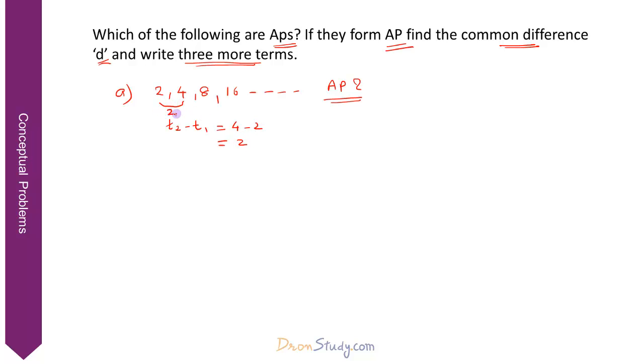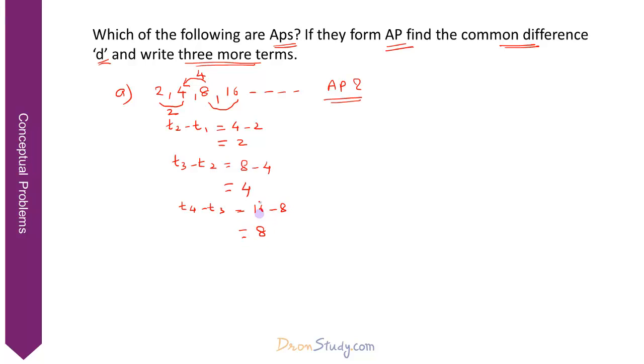Then the third minus second, T3 minus T2, is equal to 8 minus 4, which is equal to 4. So this difference is 4. If you go again, T4 minus T3 is equal to 16 minus 8, the difference is 8.